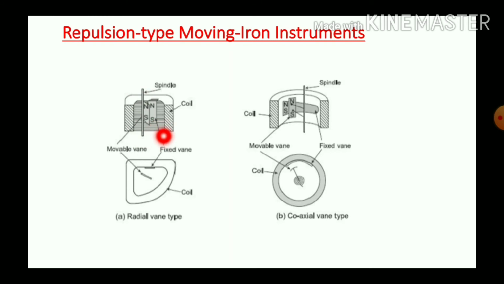And these two are our iron pieces. One iron piece is attached to the spindle, that is the moving system, and one iron piece is kept fixed and attached to the coil.